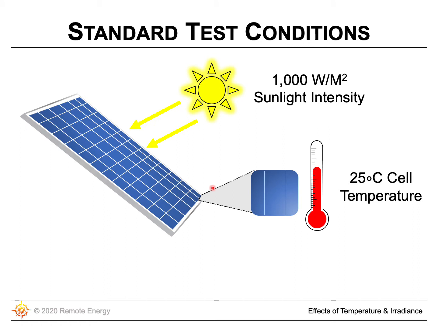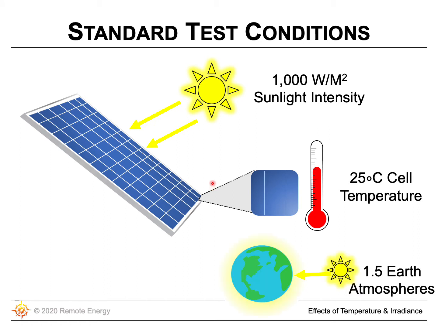There is a third standard test condition that the labs need to set up, and that is that it's also measured at 1.5 Earth atmospheres, and that just means where the sun is in location to the PV array and at what angle, how many atmospheres you're going through.